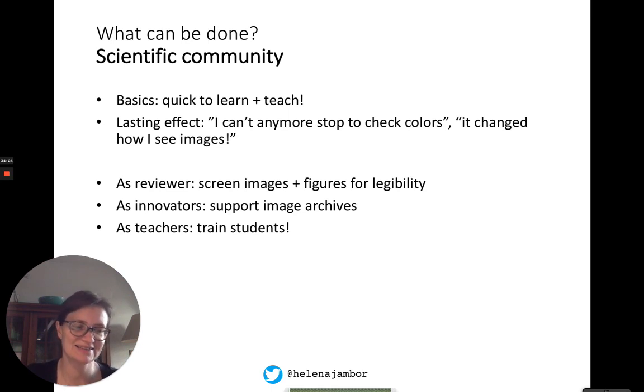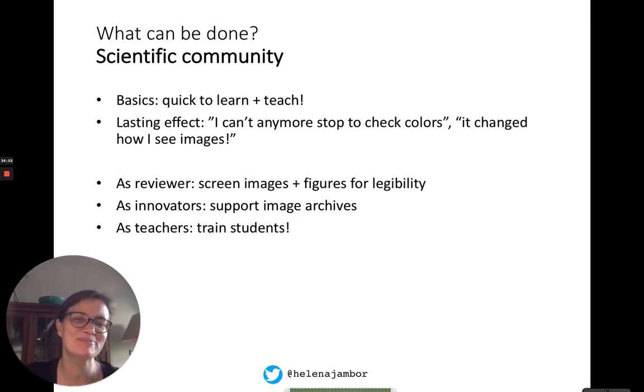The very, very basics of producing legible images are really quick to learn, and I have experienced from 6 years they are really rapid to teach. And the good thing is they have a really lasting effect. So responses that I sometimes get from students and also some people in the eLife meta research team is that I cannot stop anymore to check colors.